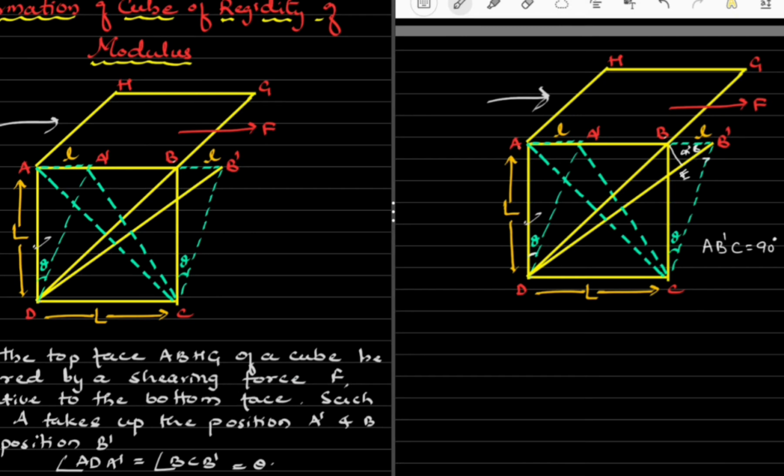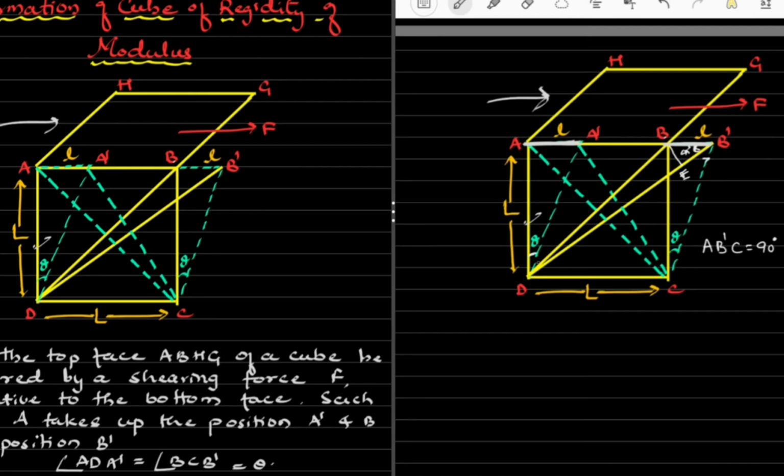So that face is indicated with A, B, H, G. So here that force is a shear force or tangential force. So that tangential force is applied, then what will happen? The relative displacement takes place. So that relative displacement is A dash and B dash.